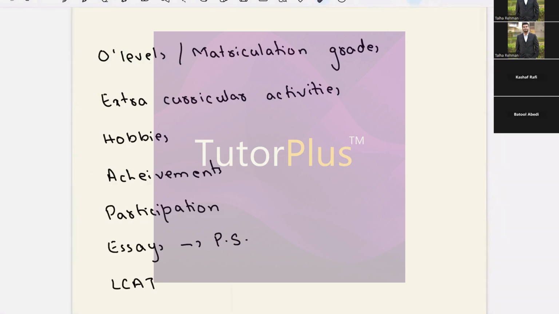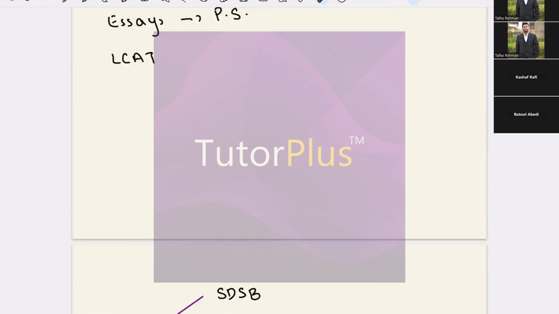They do take into account various components of your overall profile, including your ECAs, your achievements, your participations, your essays, and your personal statements, and of course, either the LCAT or the SAT score. So for LUMS, once again, please remember the criteria is a bit more comprehensive than it is for IBA.